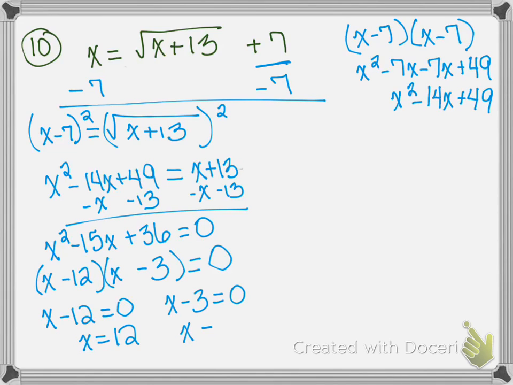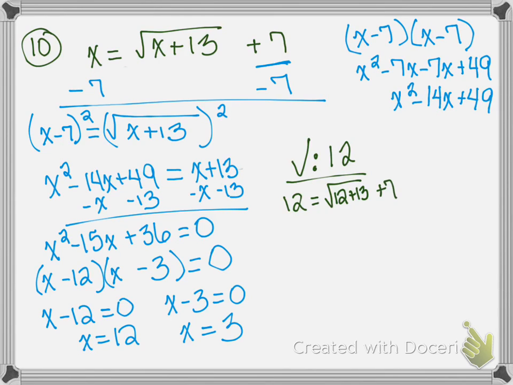Okay, now we have to check. We might end up with extraneous solutions, so we need to check. Okay, so I've got 12 as one of my solutions. So I've got 12 equals the square root of 12 plus 13.